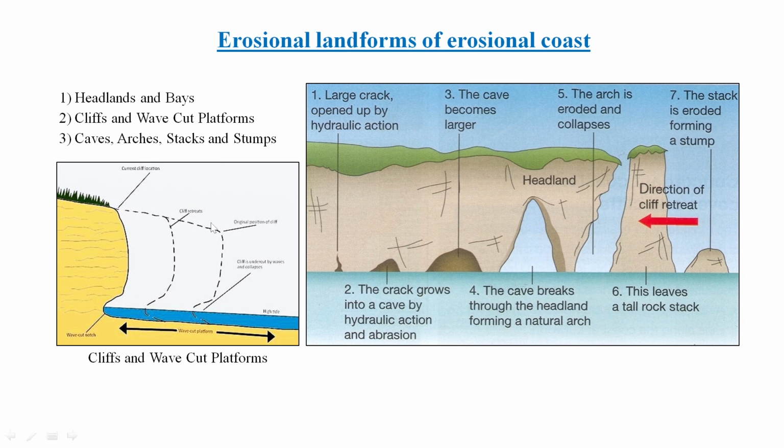If there is an existing cliff like this, then by the repeated process of hydraulic action, corrosion, attrition and abrasion, the cliff of the coast might retreat due to repeated phases of weathering.